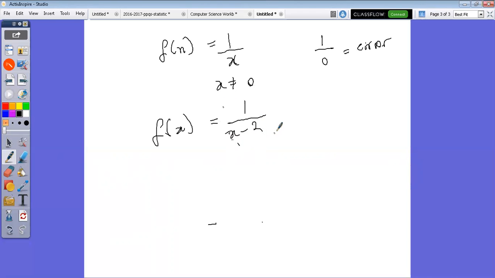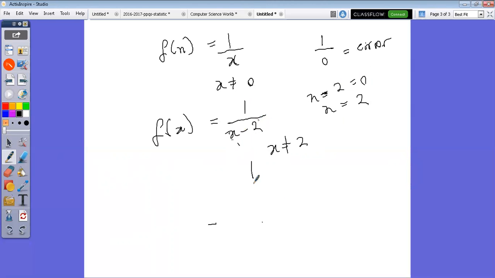So think of this. If I think of x minus 2 being equal to 0 at the bottom, it means x is equal to 2. So this should never be x is equal to 2, because when I do that, I will have 1 over 0.